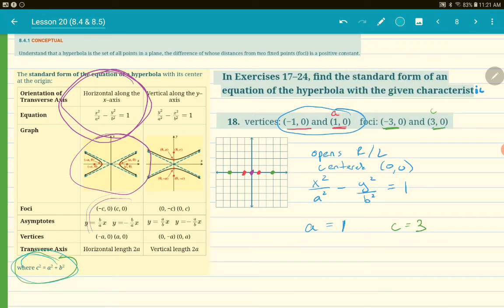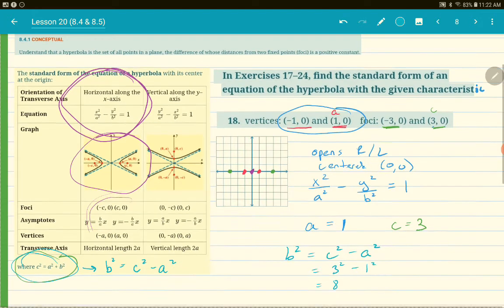So I have the relationship C squared equals A squared plus B squared. So to solve for B squared, I subtract A squared from both sides. So I get B squared equals C squared minus A squared, which is 3 squared minus 1 squared, which is 9 minus 1, or 8.